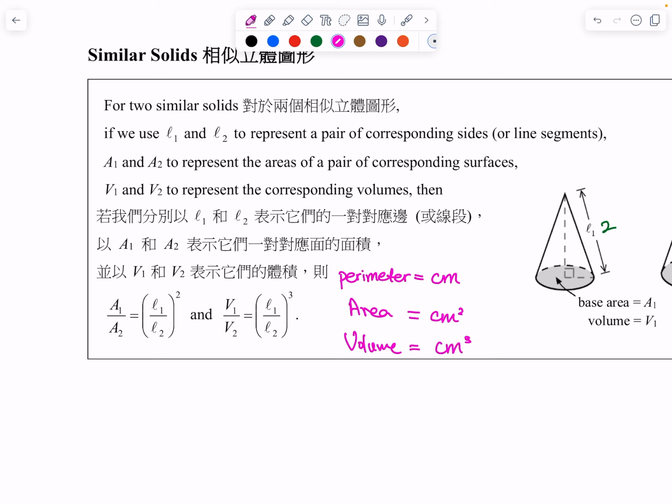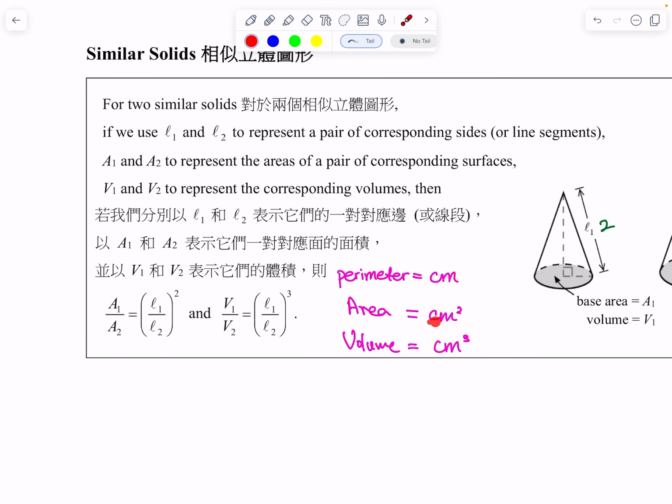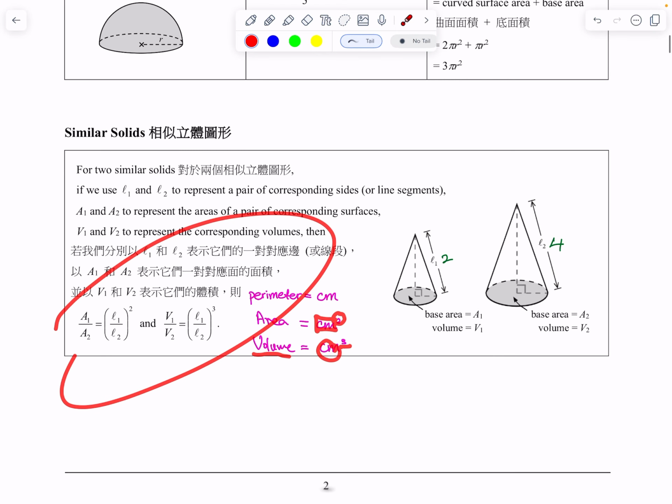And I'm using cm because most of the time they give you cm for this topic, because it's easier to remember. So that's how you can remember. If you want to find the area ratio, give the sides a square. If you want to find the volume ratio, give the sides a cube. Now, if I just say it like that, it sounds like a PS, right? So while we're doing questions, you can understand it better.